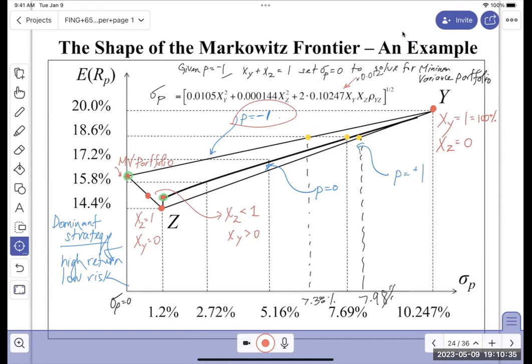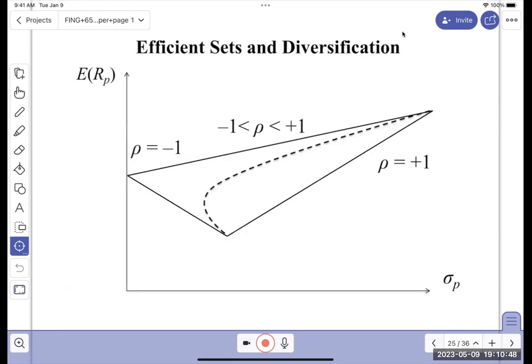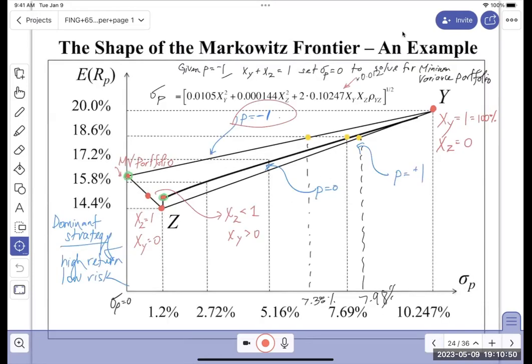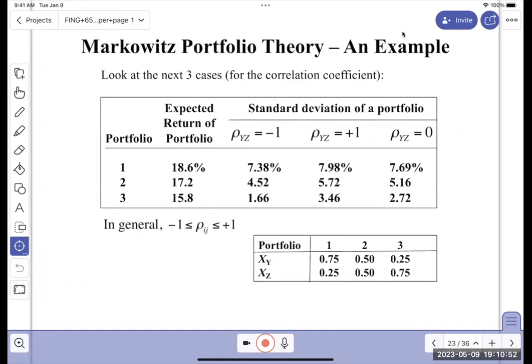You can't choose the correlation. You can just choose the combination of weights. So, do you want me to do another one, or can you understand this chart now?